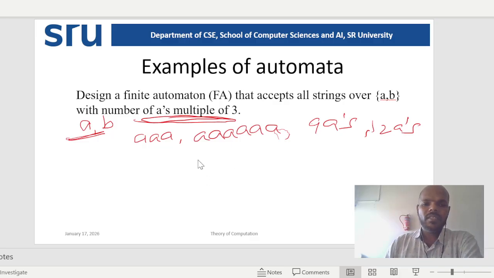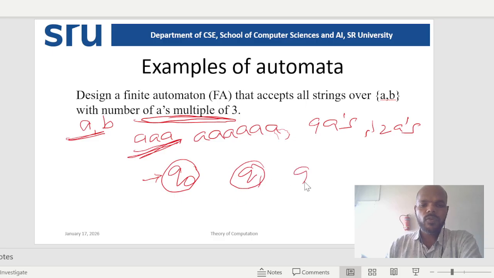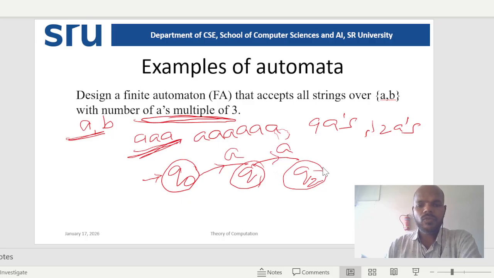So what is the minimum string here? 3 a's. So how many number of states are required? Now let me check. Q0 is taking starting state, Q1 is one more state, Q2 is one more state. To make a transition on input symbol, how many a's? 2 a's.